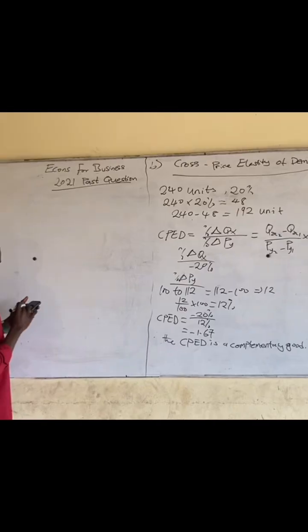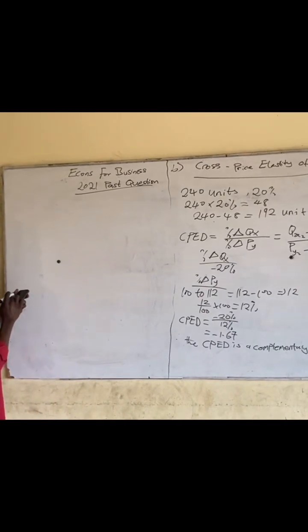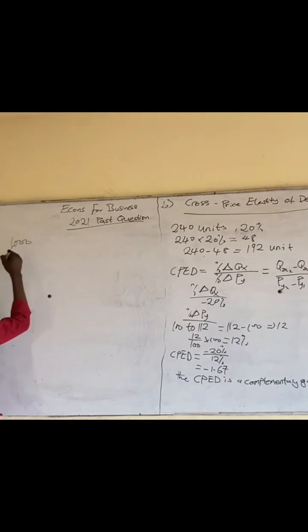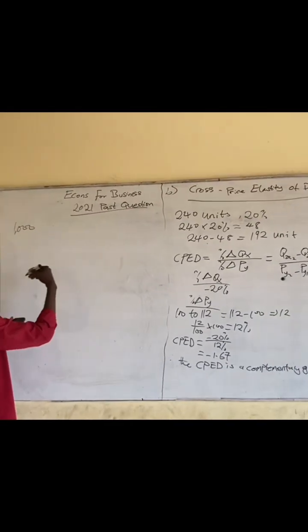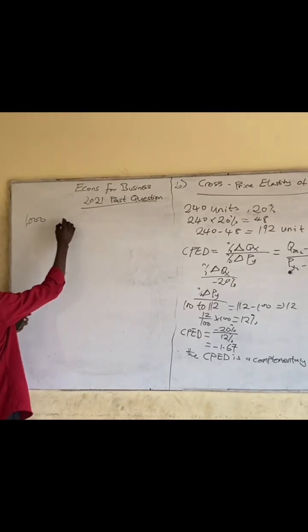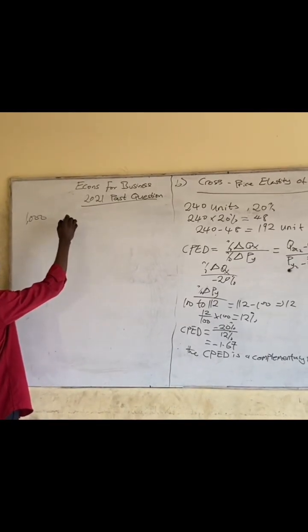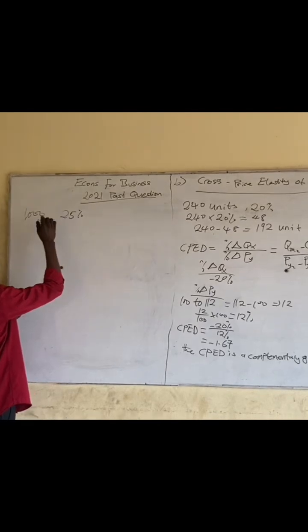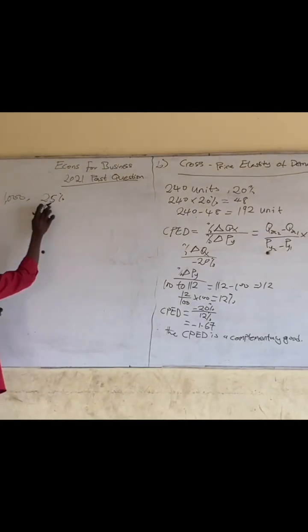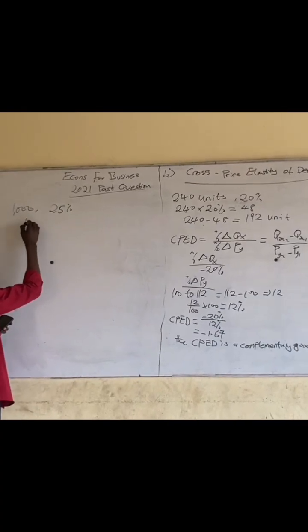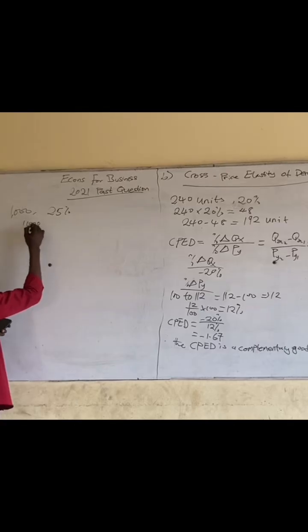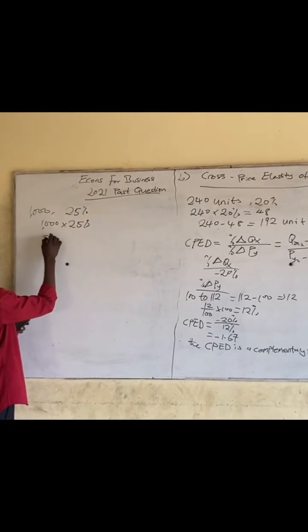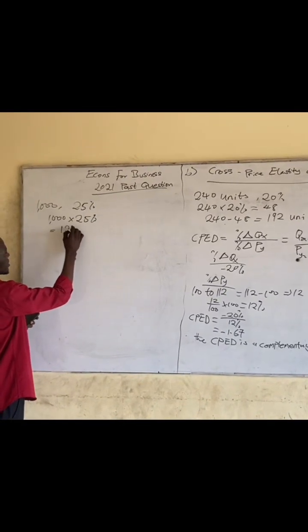So here, he stated that his income is 1,000 Ghana cedis, and then he had an increment of his income, which was, I think, 25%. So you multiply 1,000 by 25%, which will give you 1,250.